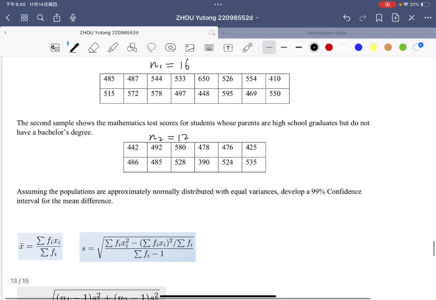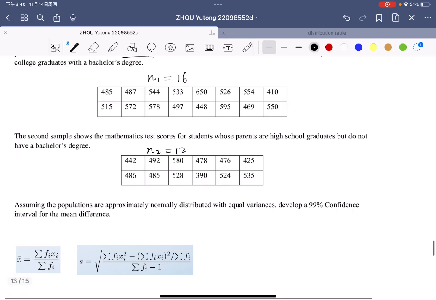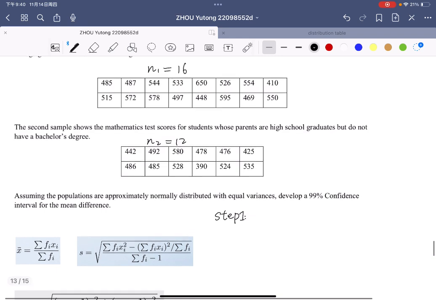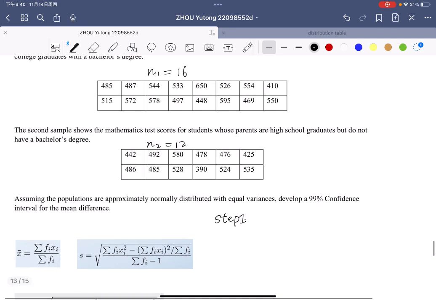the mean difference. To find the confidence interval for the mean difference, firstly we need to calculate the mean and standard deviation for both sets.